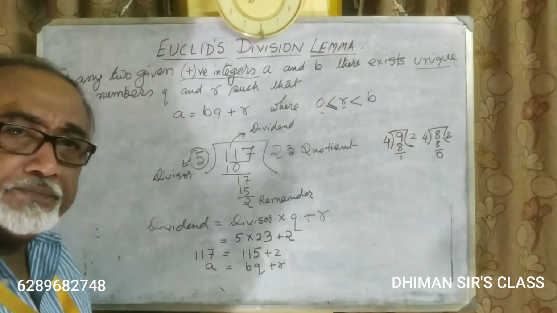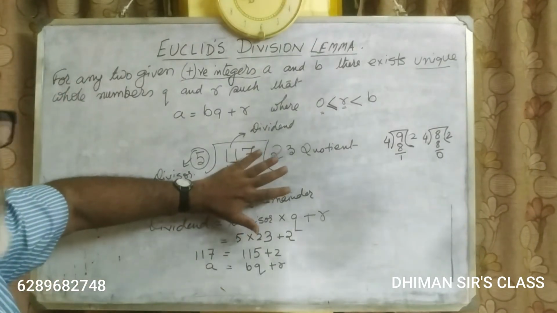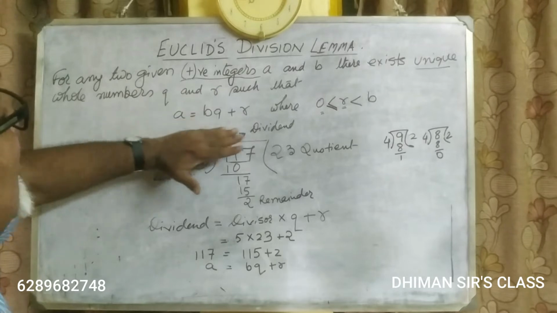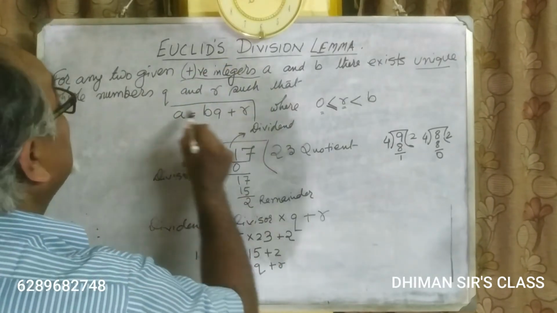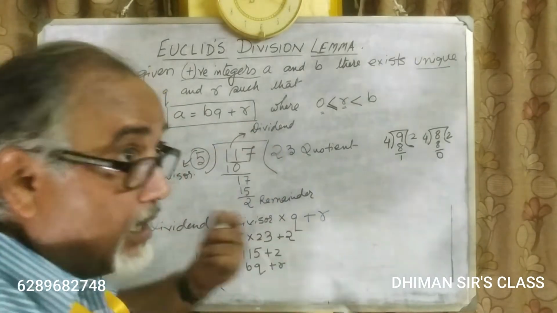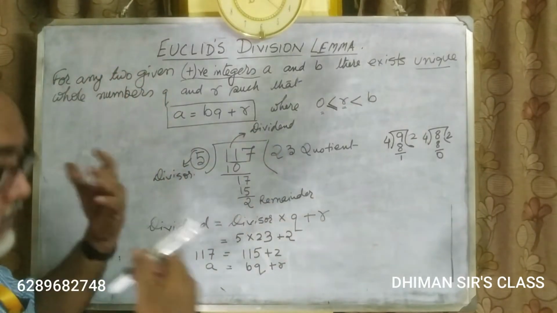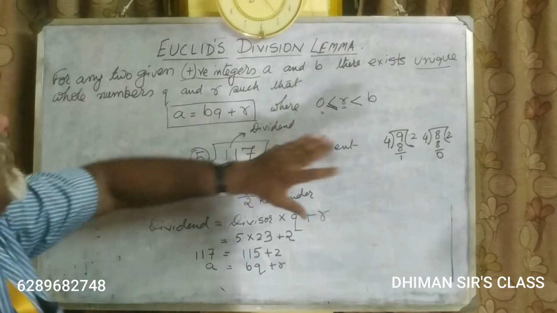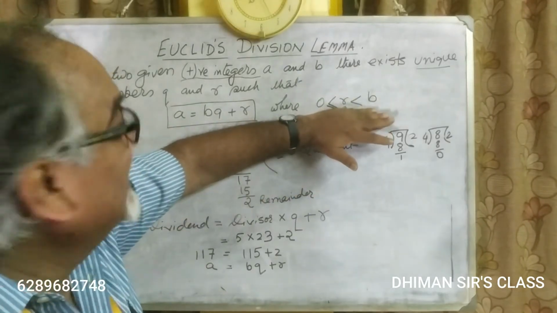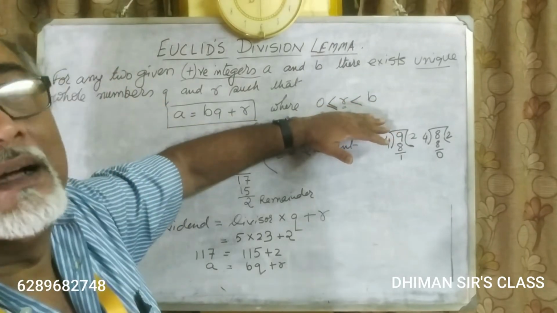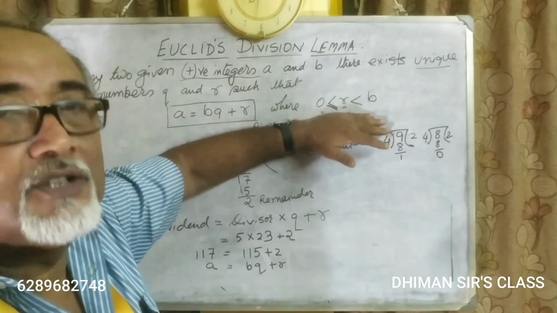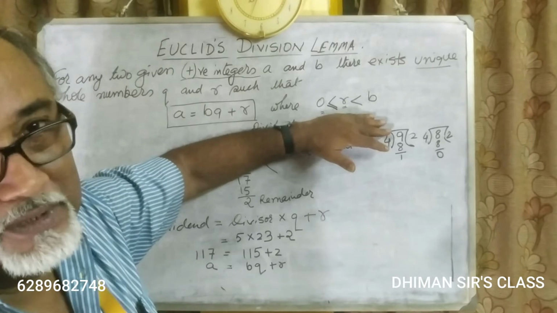Am I clear? Up till here, this is nothing. Our basic concept is this one, which we have learned. We have been learning from class 4 onwards or 5 onwards. The new thing we are learning here is this. Okay? This also will become very clear to you when we start solving certain examples.